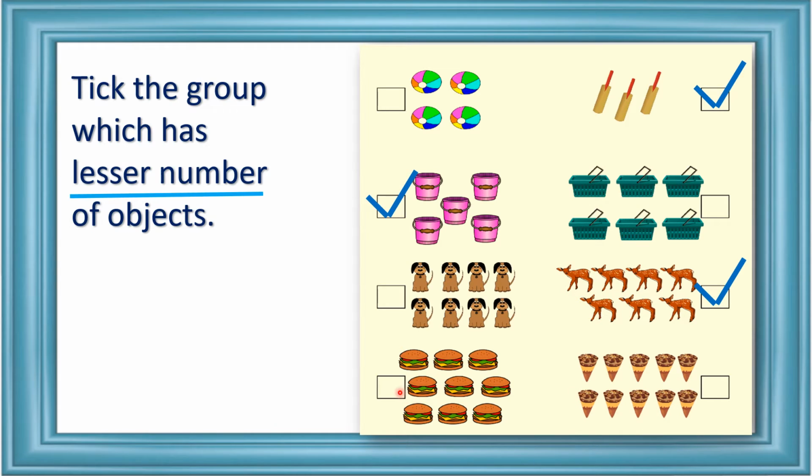Very nice. Let us tick burgers because they are 9 and ice cream cones are 10, and we know that 9 is less than 10. Correct? Here we have done the comparison. Which is more, which is less. Right?